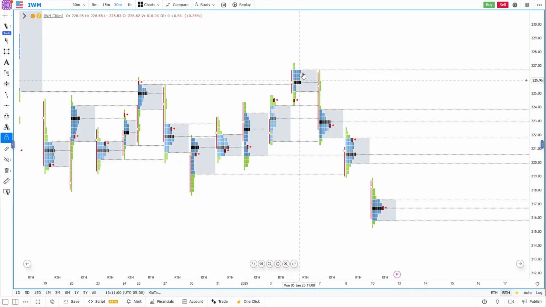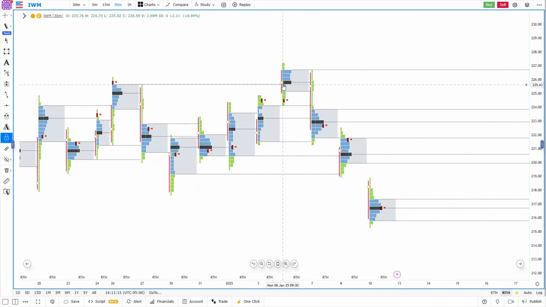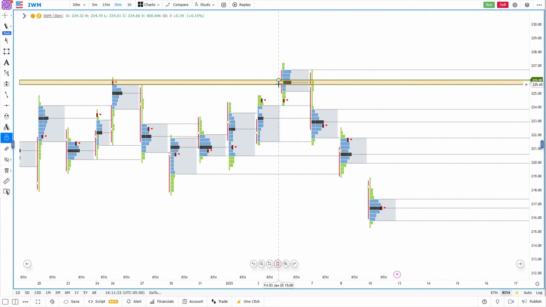Right? So you are seeing value. IWM is trading up from Friday the 3rd to Monday the 6th. Value of that day has gone higher. Now, another thing to look at, and I'm giving you kind of a bonus. I don't know if you guys can see it, but right here, this little yellow box is the open.